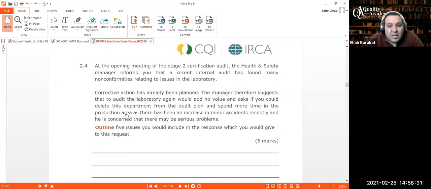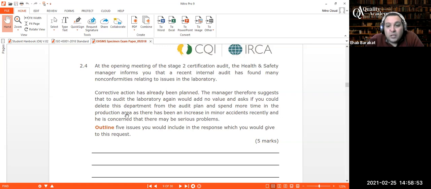(2.4) At the opening meeting of the stage 2 audit, the health and safety manager informs you that a recent internal audit has found many non-conformities relating to issues in the laboratory. Corrective action has been planned.